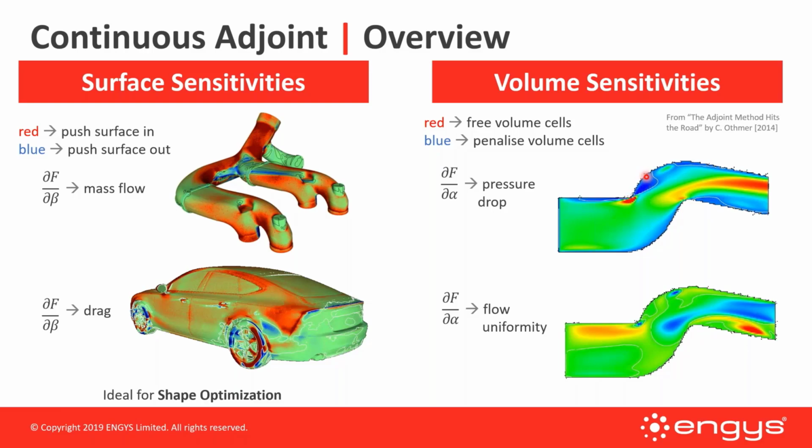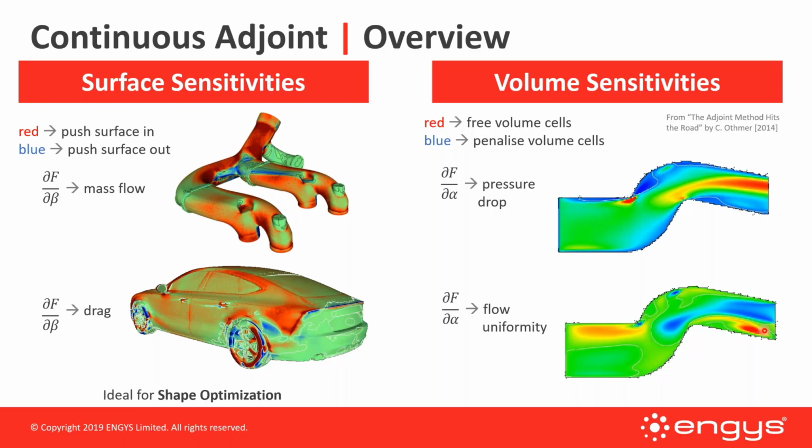So maybe there's a little bit of wasted energy or pressure losses that might be in this region. So the algorithm is telling us to block off these cells. Same thing for flow uniformity. To create a more uniform outlet, it might predict that we should block off these cells or unblock these cells right here at the very bottom.